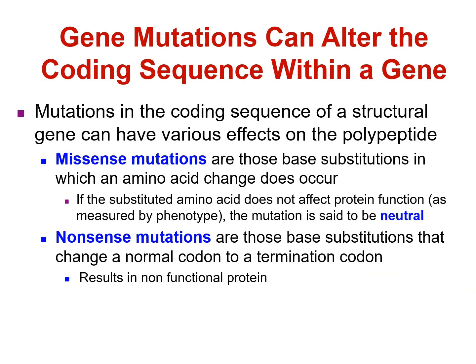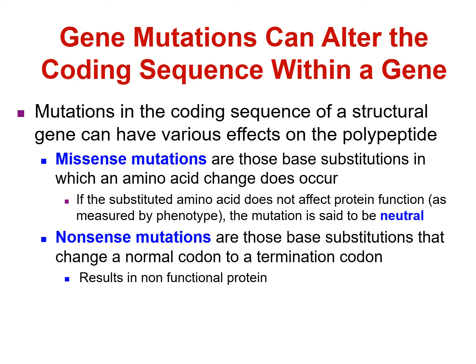Mutation in the coding sequence of a structural gene can have various effects on the protein or polypeptide. Any change in the code that leads to placement of a different amino acid is called a missense mutation. Missense mutations are those base substitutions in which an amino acid change occurs.